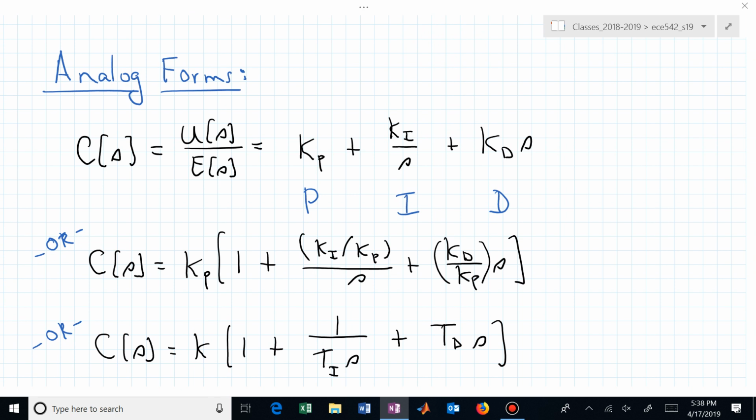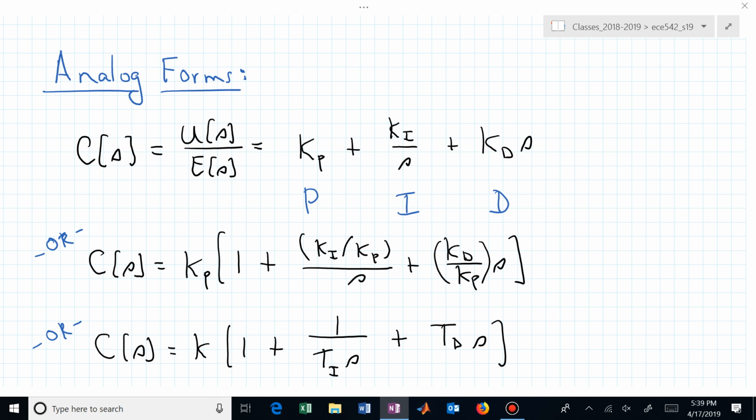But now, here's another form. And what's significant here? Now you have a gain that multiplies the S. An S basically has units of per second. Now all these T parameters are times.